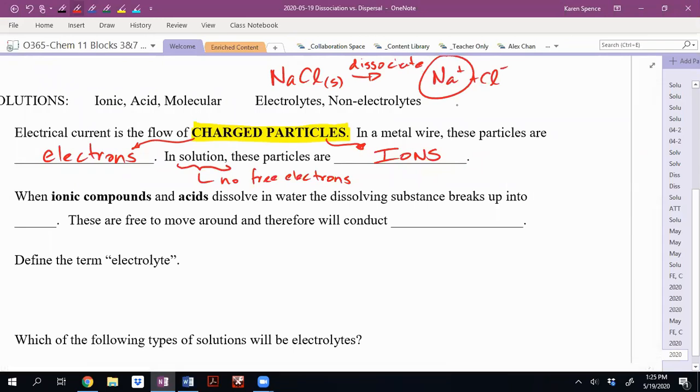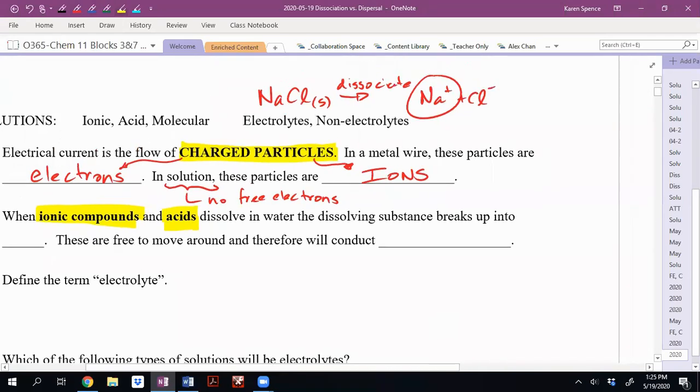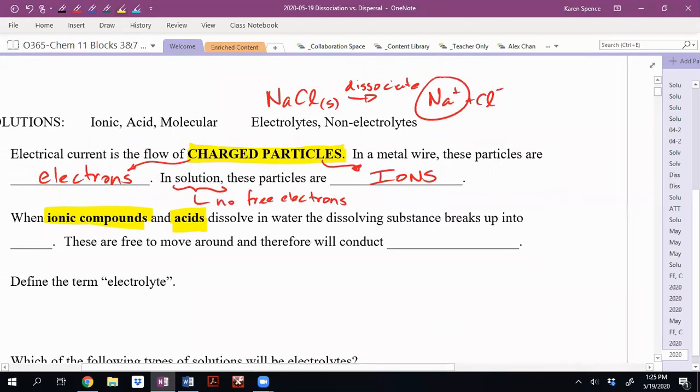When ionic compounds and acids dissolve in water, what do they break up into? They break up into ions.